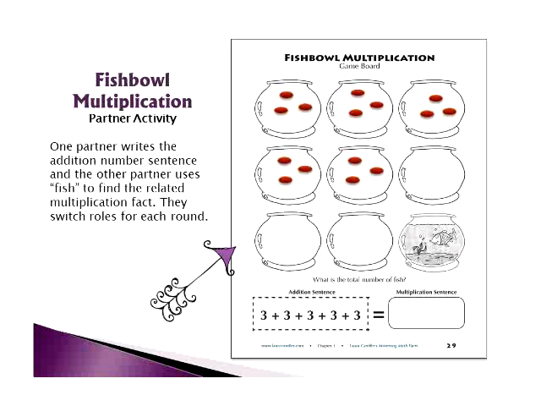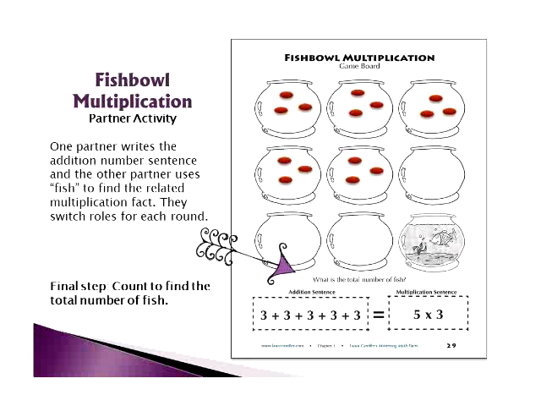Then the person who modeled it looks for the related multiplication sentence and puts it in the box at the bottom, and then both of them count to find out what the total number of fish is. Then for the next time they switch. Now this is a teacher-guided activity, and it's a way of introducing multiplication so that students are getting the concept and making that connection. And then it could be used in a center later.